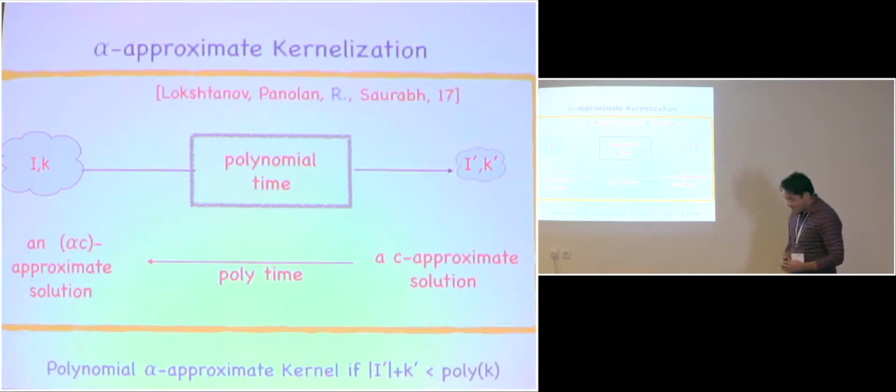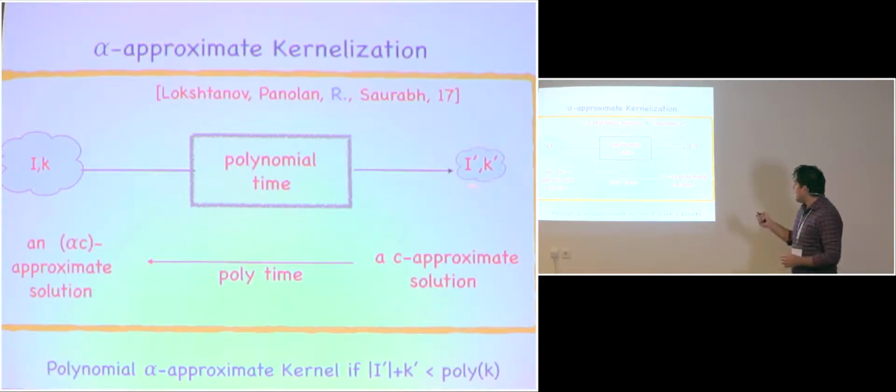So formally speaking, this is what alpha approximate kernelization is. Alpha is just a fixed constant for now. And an alpha approximate kernelization algorithm is nothing but a polynomial time algorithm that takes as input I comma k as before. The output is I prime comma k prime as before.